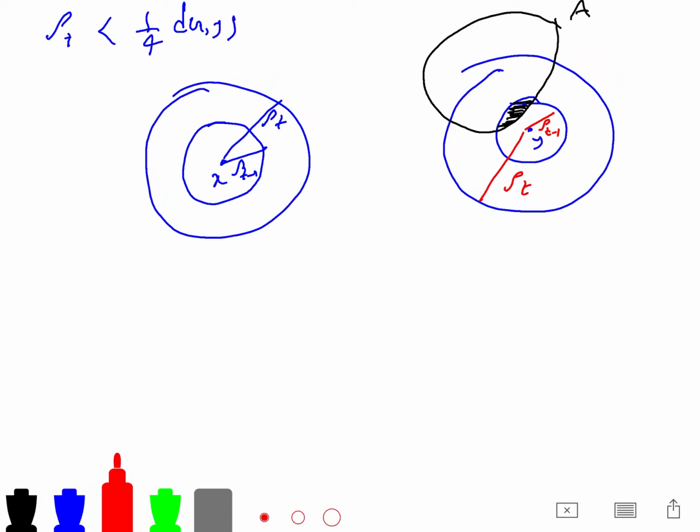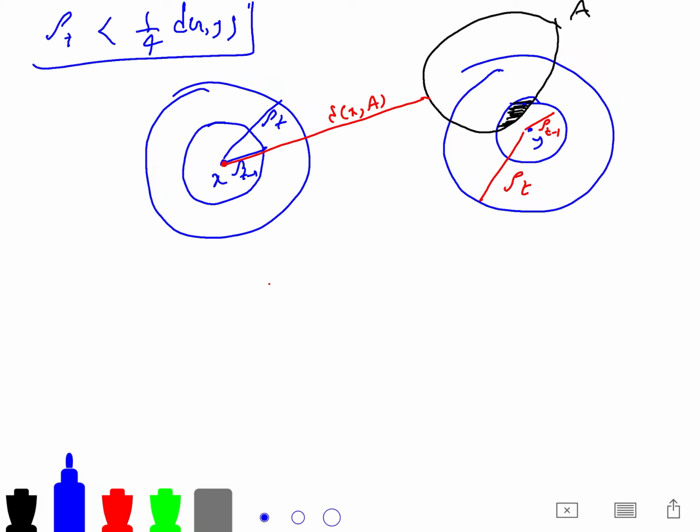And this is the distance between point x and A. So we can say that we have defined rho as long as this holds. So we define as long as that, and t-hat is the largest index such that rho_{t+1} is equal to d(x,y) divided by 4.